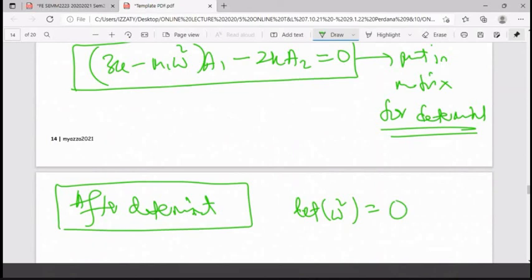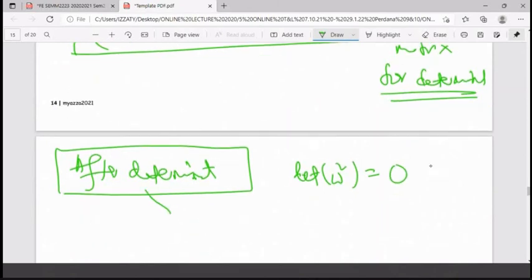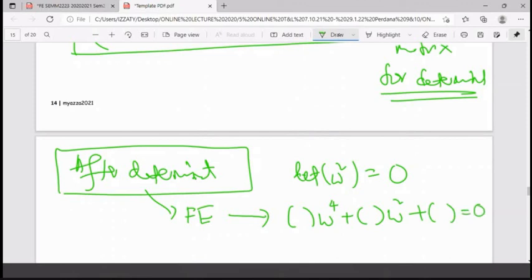After determinant, you look for the frequency equation. The frequency equation must be in the form of whatever you have here, omega power of 4, whatever you have here, omega power of 2, plus you have this one equal to 0.